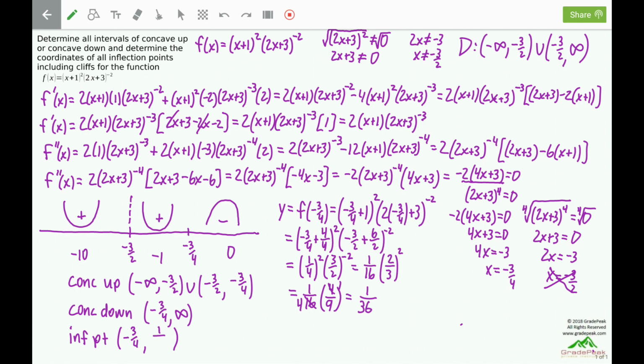We have a corresponding y-coordinate of 1 over 36. So we have two intervals of concave up, one interval of concave down, and a single inflection point at -3/4, comma 1 over 36.